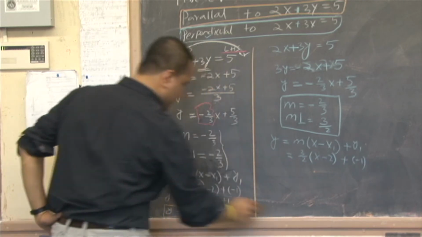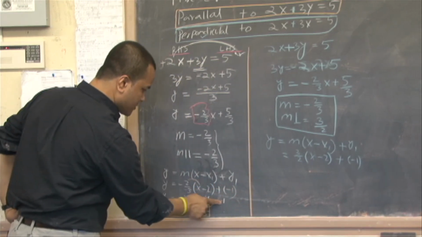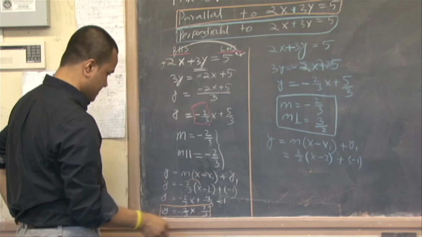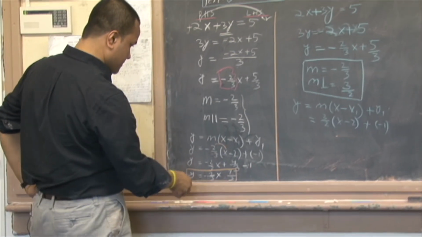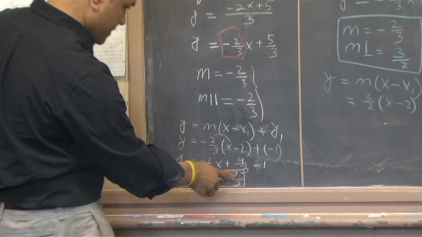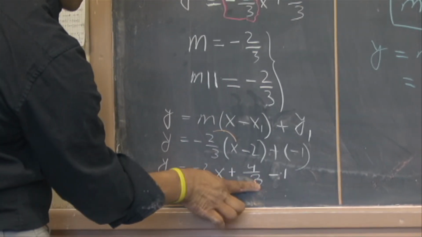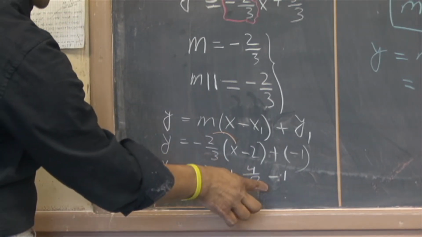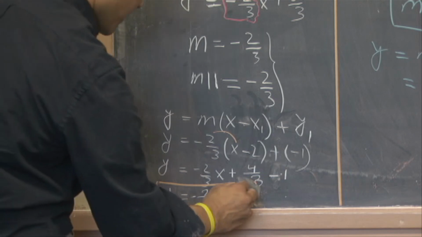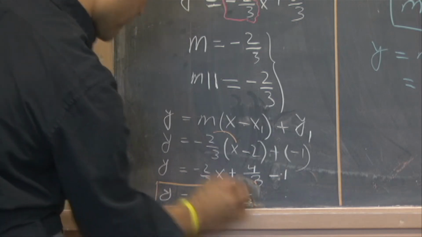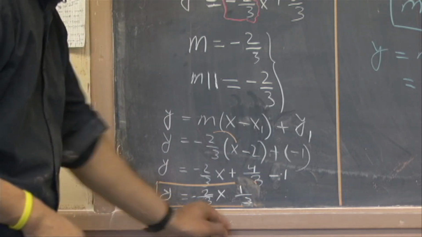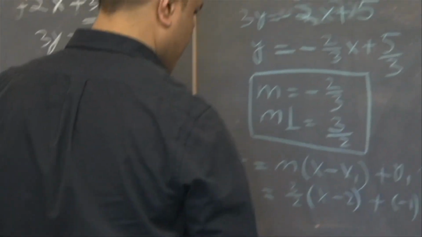Here plus minus minus, it should be minus. God, we are making so many mistakes today. So this one would be then 3 over 4 minus 3, then it's going to be 1 over 3. All right. I'm glad that I saw that.